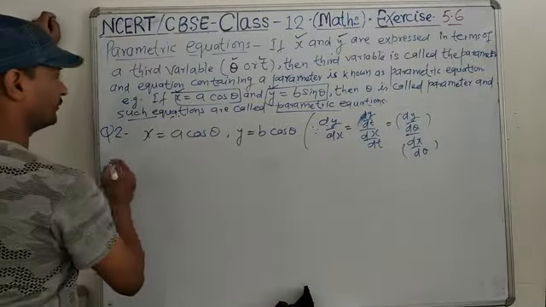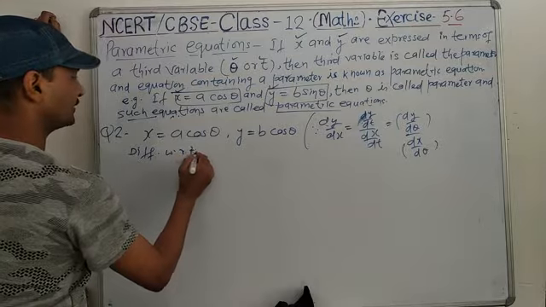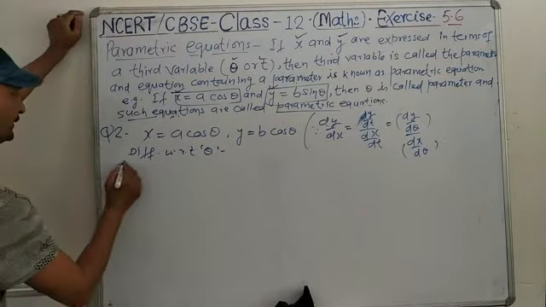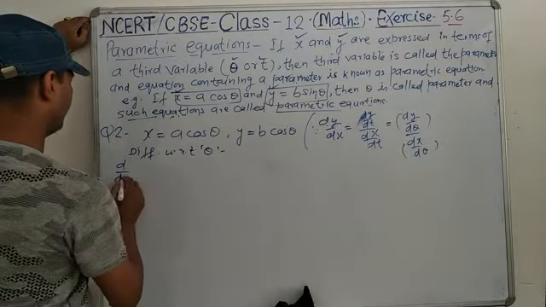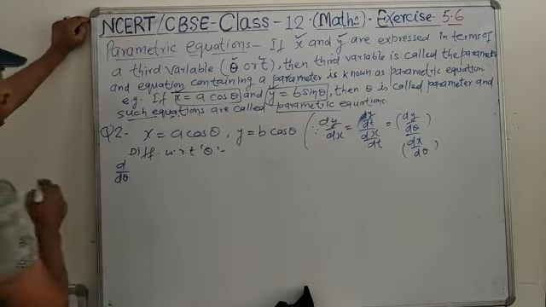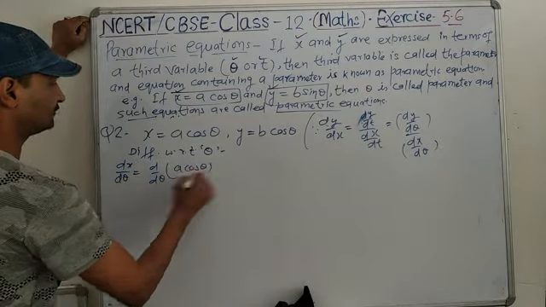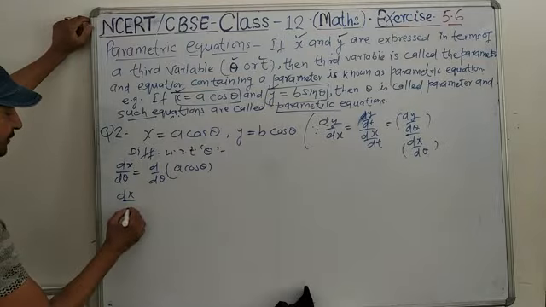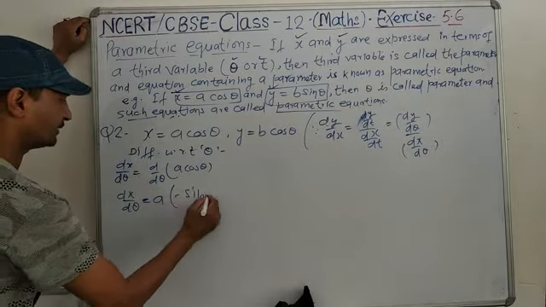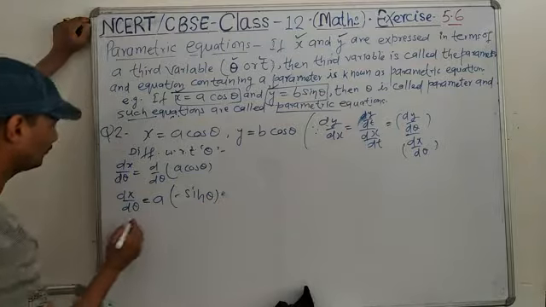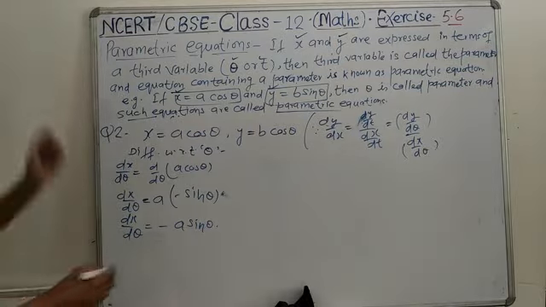So we will write here, differentiating with respect to theta, dx by d theta is equal to d by d theta of a cos theta, that means a is constant, cos theta derivative is minus sin theta, that means dx by d theta becomes minus a sin theta.